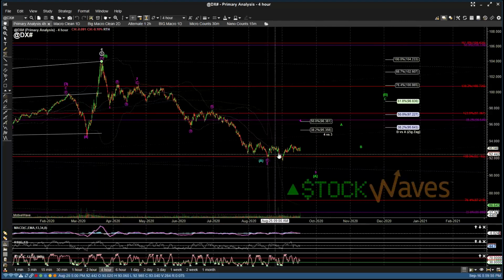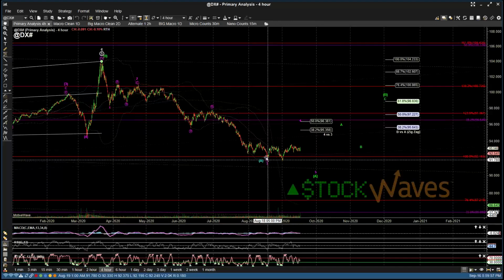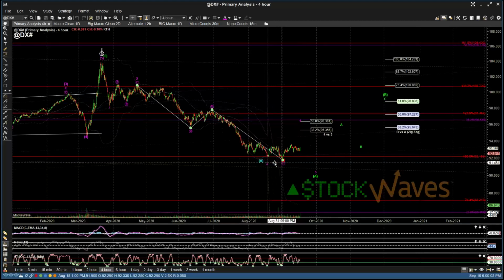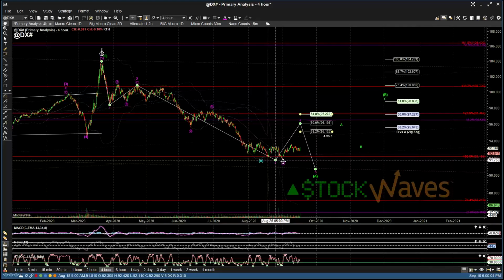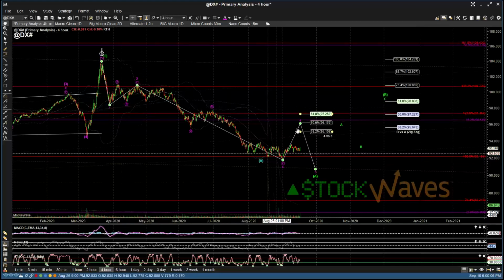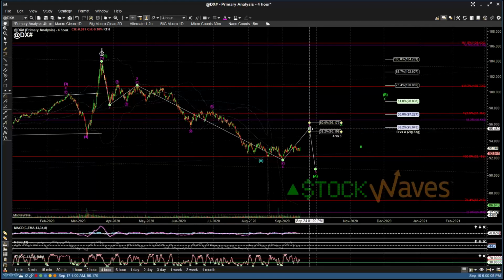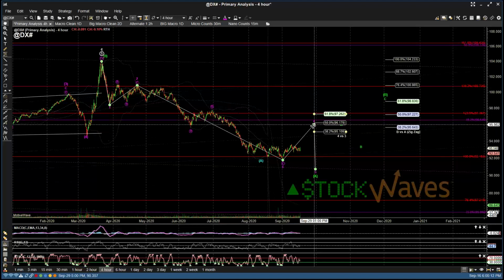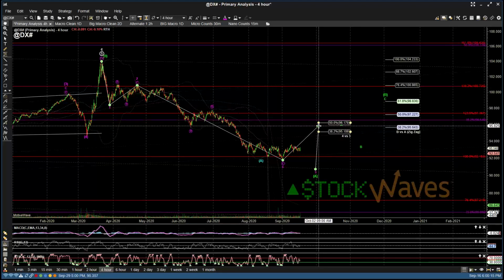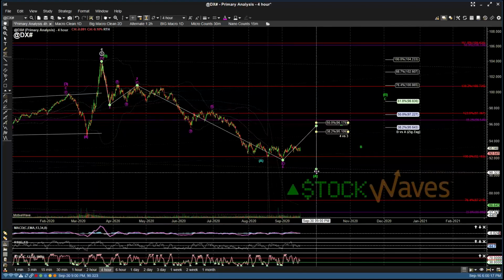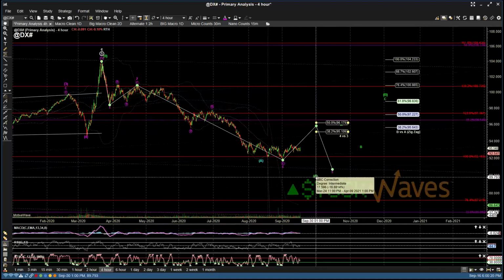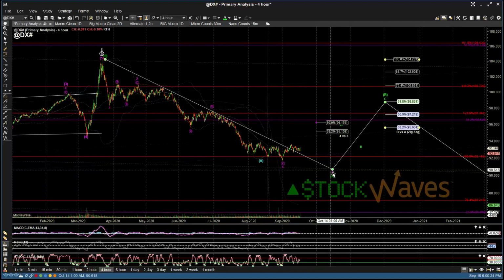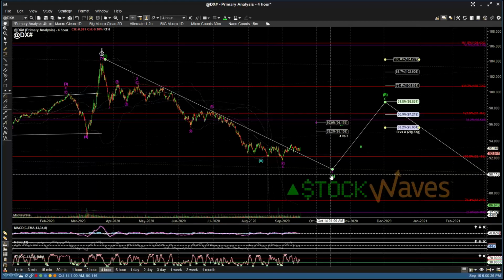I think that this is a little bit further extension of the C of this wave 3 here, and that this is a 5-wave move for our A wave. And so I'm looking for more of a bounce in the short term as that 4th wave, and then at least a nominal new low. It's already extended a lot, so I'm not looking for too much extension in the 5th wave down.